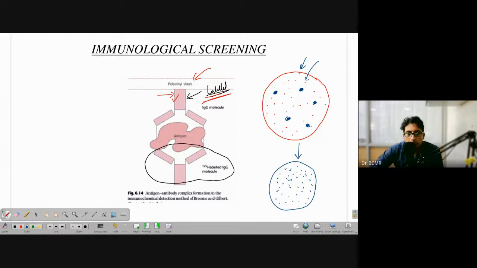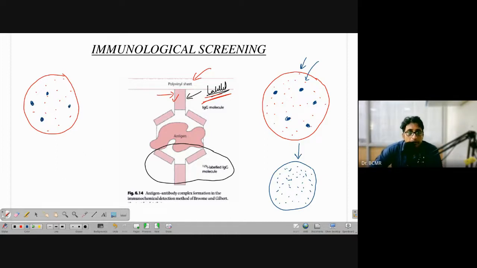Now consider a different situation. You have a sheet where the antibody is present but not labeled, and now you allowed the polyvinyl sheet to bind to the antigen, so antigen is bound here, here, and here, for example like that.